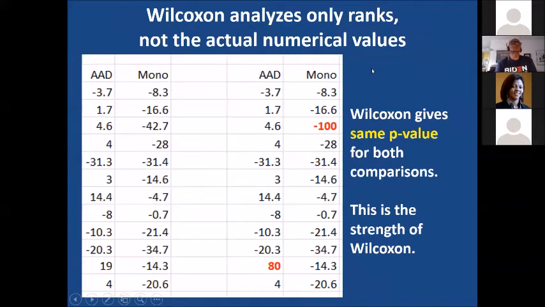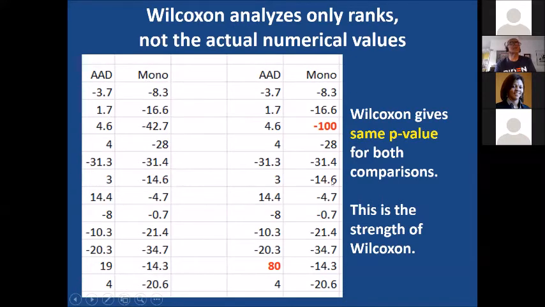Okay. So the strength of Wilcoxon is that if some value, say here, the -42.7, that's the smallest value. Now, of all of these, if that were instead of -43, if it were -100, and if the biggest value, 19, instead were 80, you would get identical p-values, whether you analyze these data or these data by Wilcoxon.